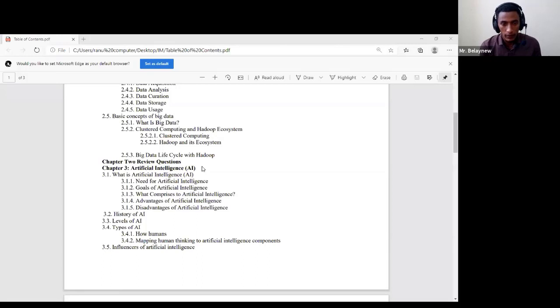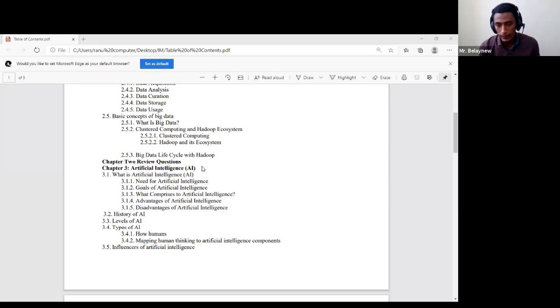Actually, the main advantage of, in general, any computer application or software is reducing time and increasing what? Accuracy. For example, by using artificial intelligence, we can identify a user within a short period of time.